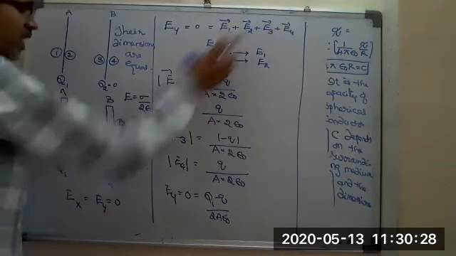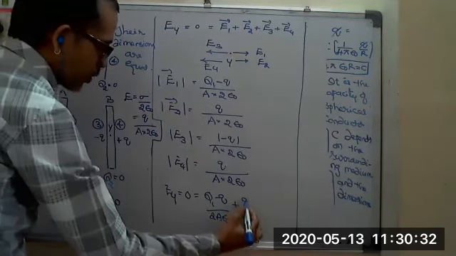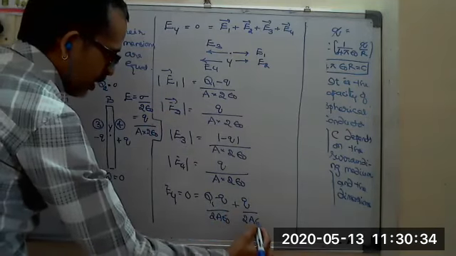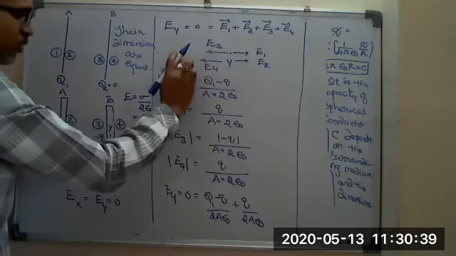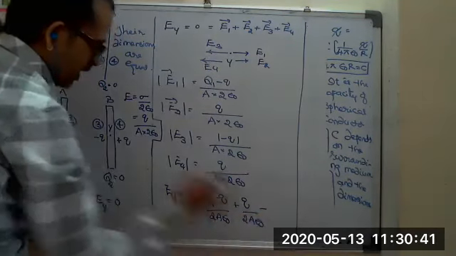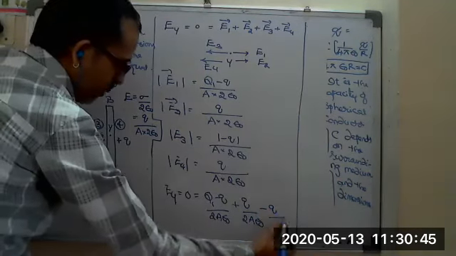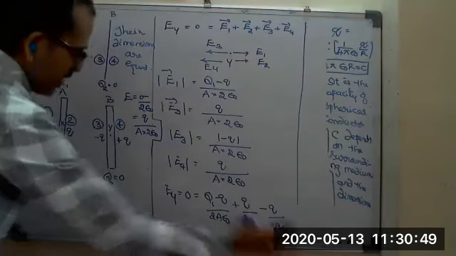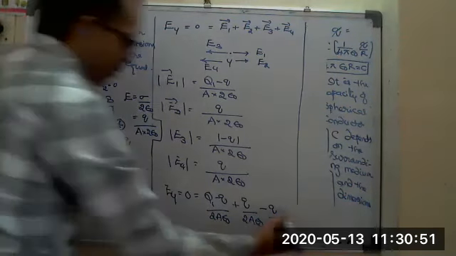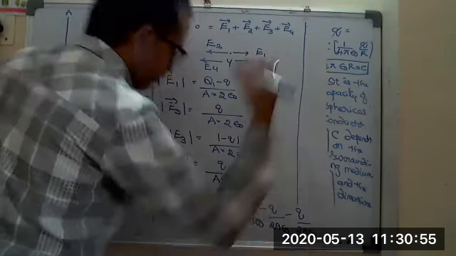Plus E2, that is also towards right, so positive, plus Q by 2A epsilon naught. E3 and E4 are negative because they are towards left. So minus E3 is mod of minus Q, that is Q by 2A epsilon naught. And the last one, E4 towards left, minus Q by 2A epsilon naught.